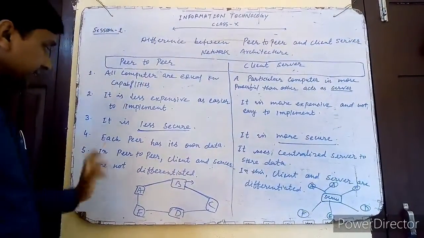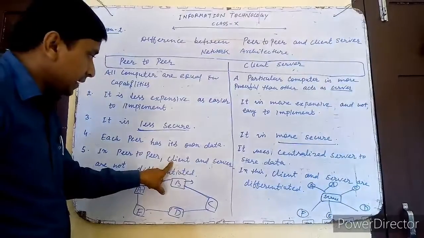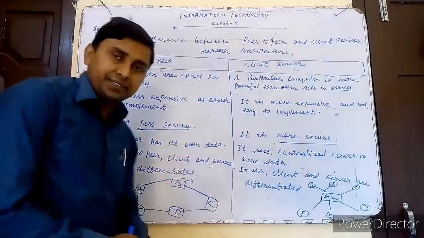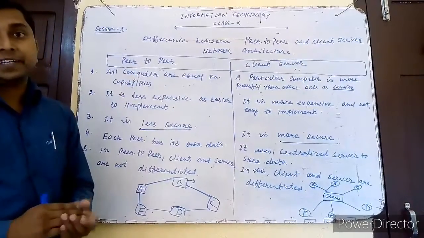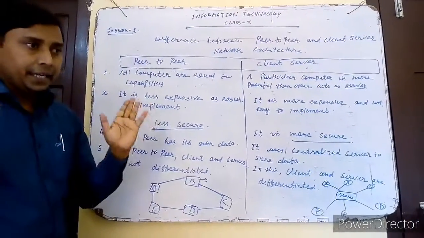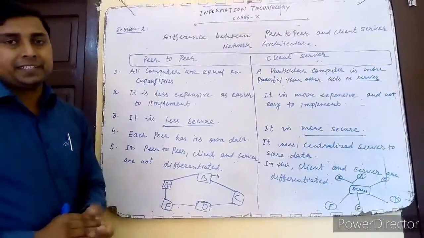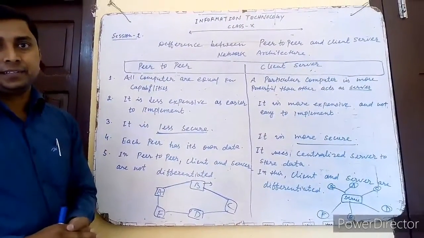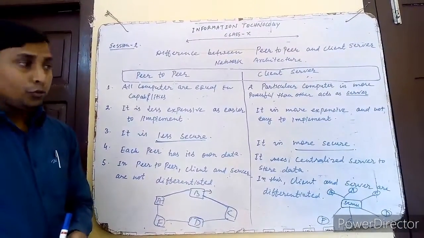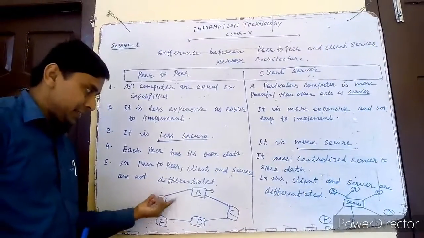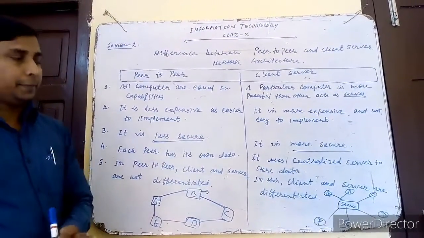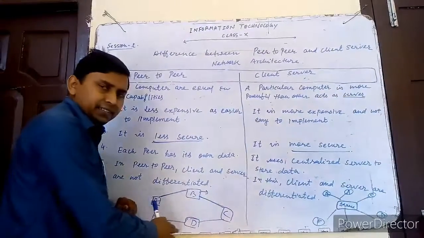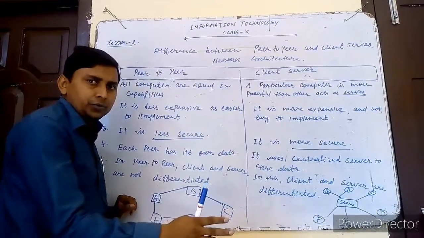Now see the next difference. In peer-to-peer, client and server are not differentiated. If we use peer-to-peer network architecture, every node, every computer has equal capabilities, so we cannot say which one is the server and which one is the client. All are clients, all are nodes.